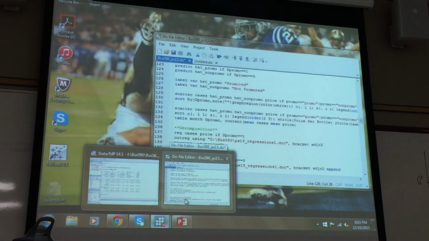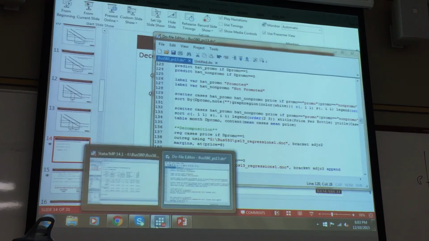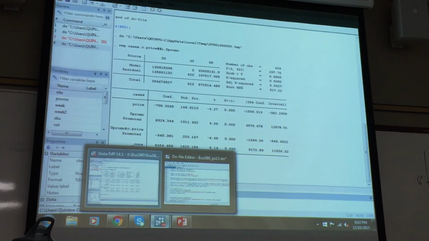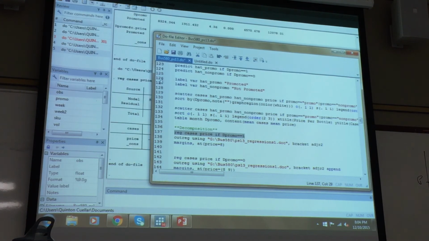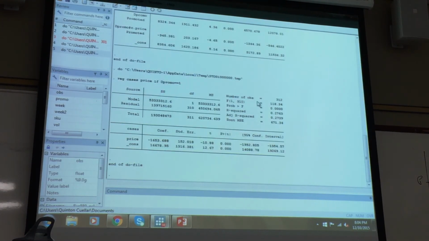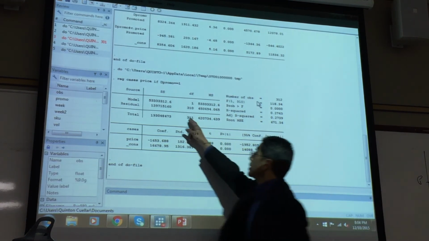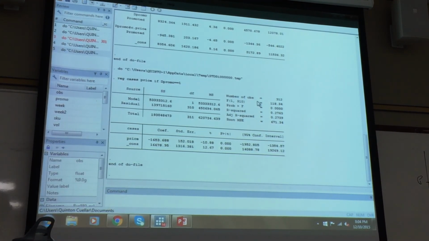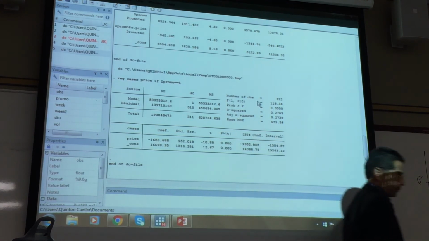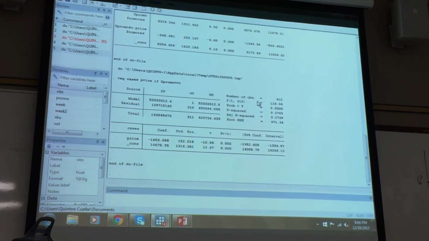So, what do I do? I estimate a demand curve for promoted demand. Promo equals 1. So this is the promoted demand curve, slope of 1653. And then I just switch that 1 to 0.